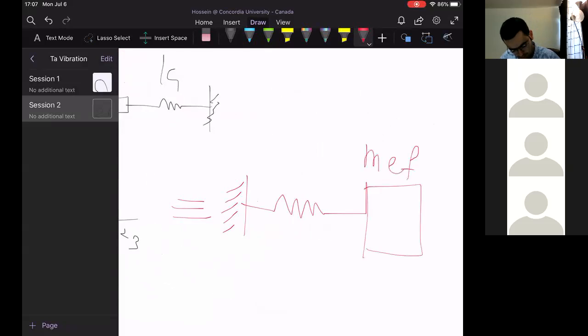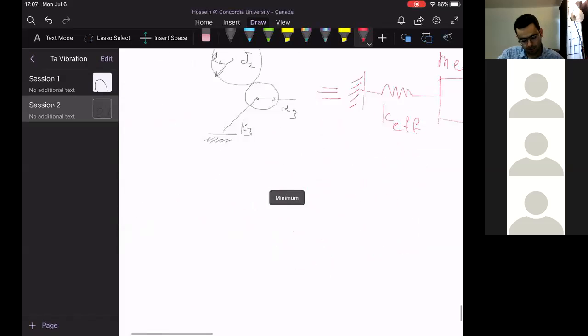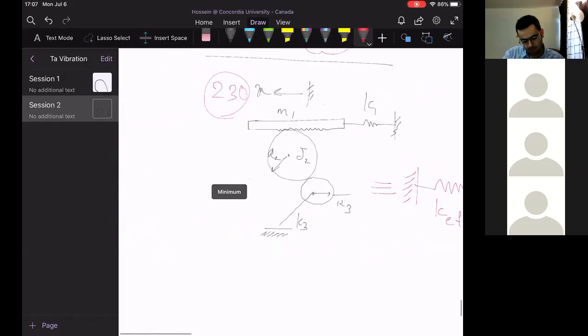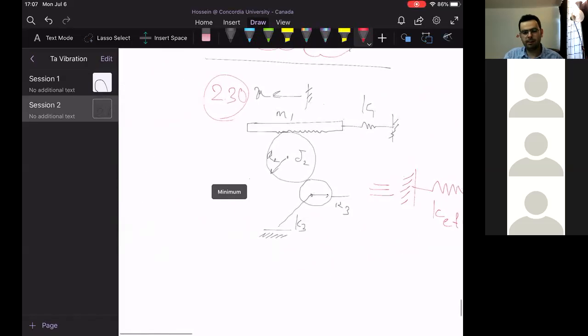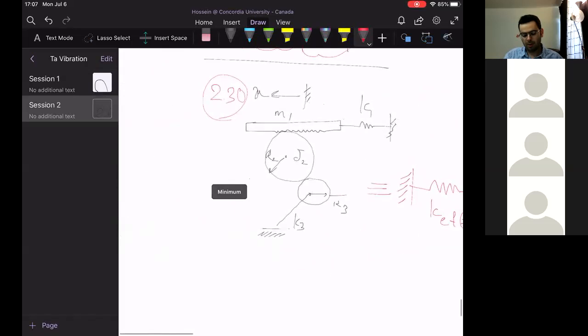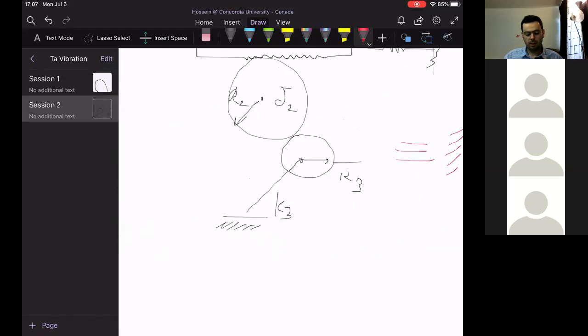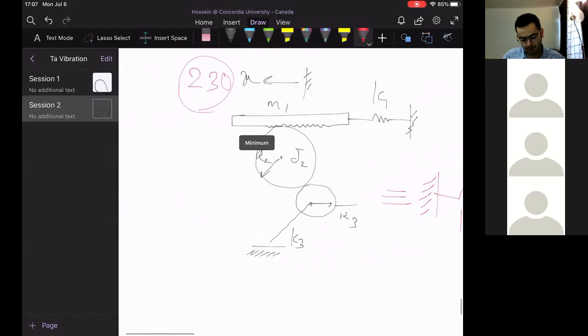So we have to find effective mass and effective stiffness of this system, based on a linear motion. You have to change any rotational movement into a linear motion, which is given as x here.